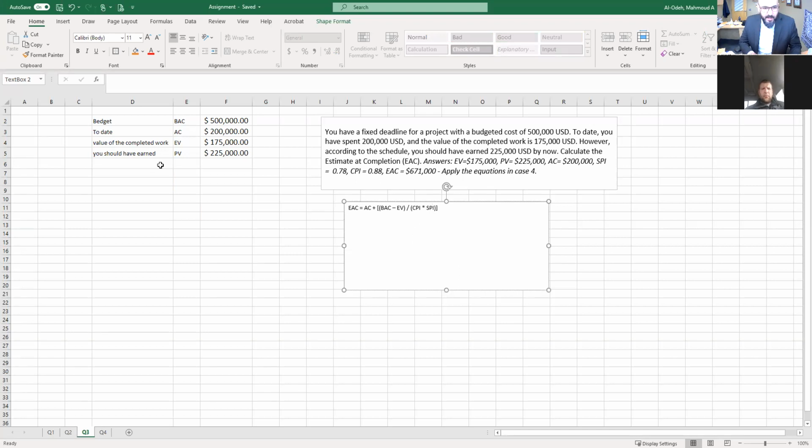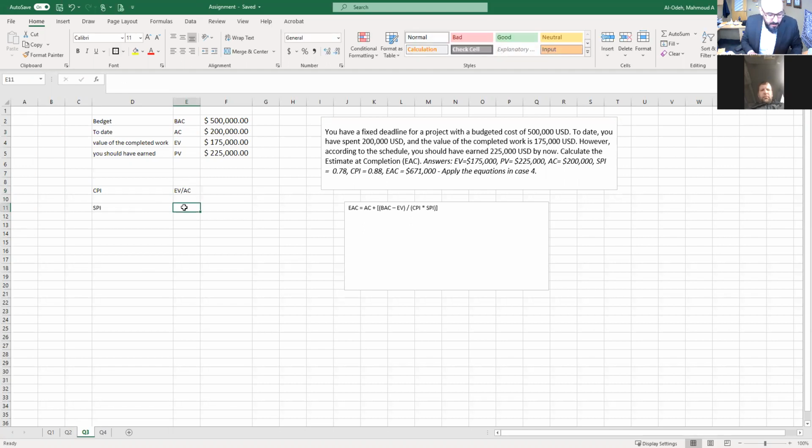These two things are missing from the equation. These can be calculated from the earned value; both of them start with the earned value. One is earned value divided by actual cost.